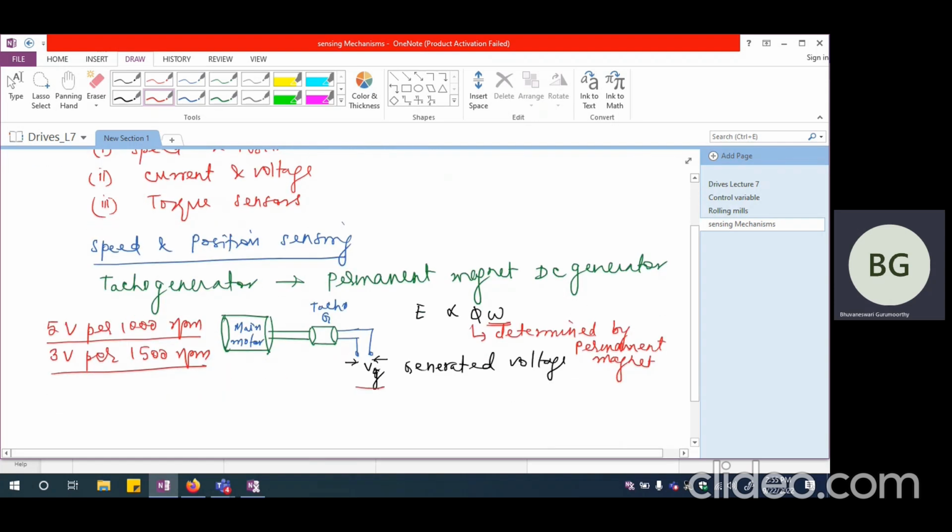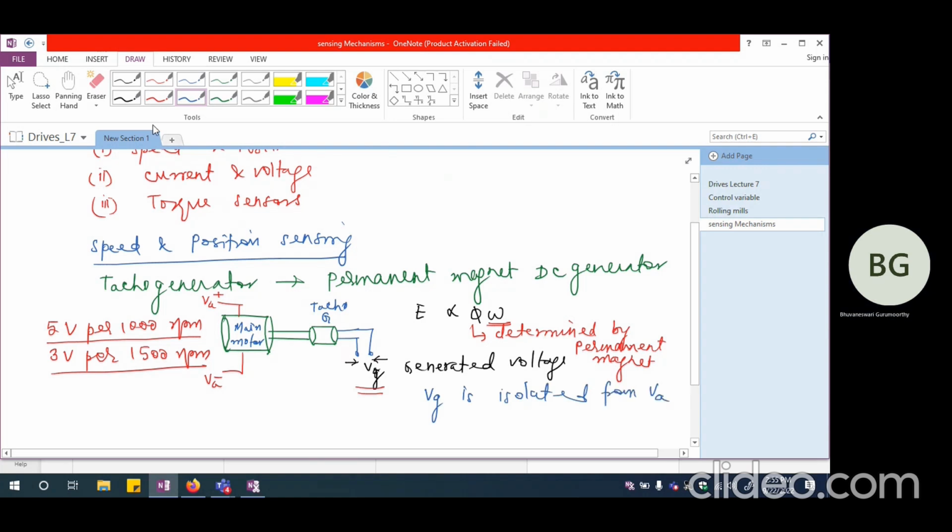this generated voltage is completely isolated from whatever is the armature supply to the motor. So I may be giving this as the VA plus terminal and this as the VA minus terminal for the motor, and that is in no way connected to the generated voltage directly. So the major advantage here is Vg is isolated from VA.